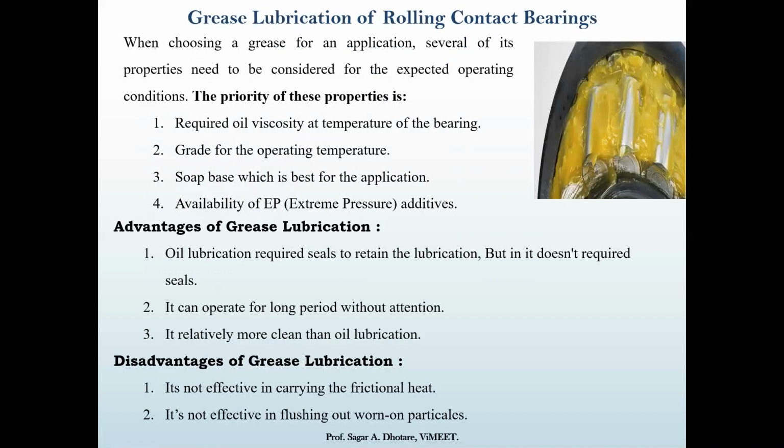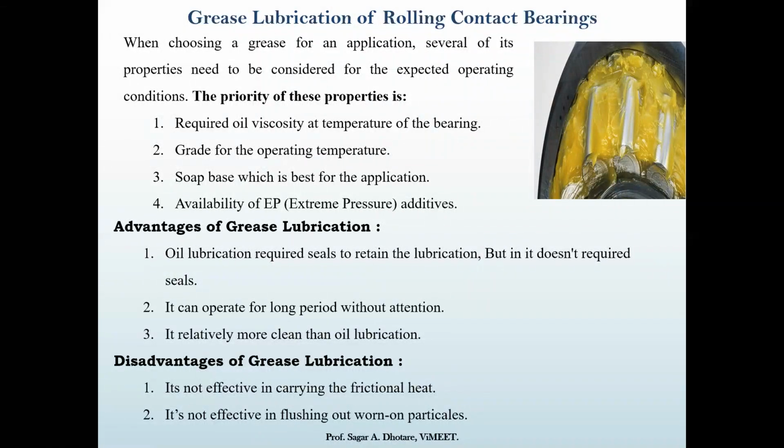Next one, we use only two lubricants. First one is grease, that is a semi-solid, and second one is oil. So we'll discuss one by one. When we are choosing grease, it is normally chosen for several applications by considering the operating condition.